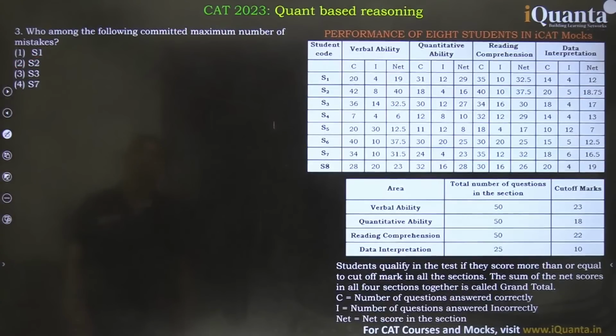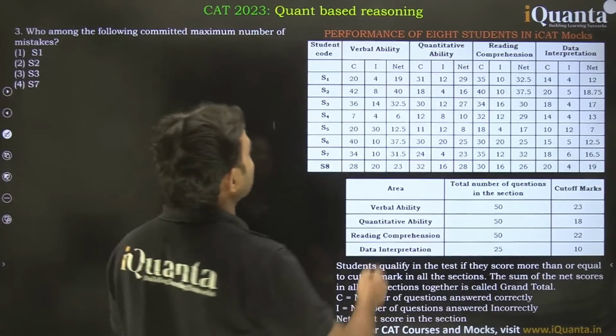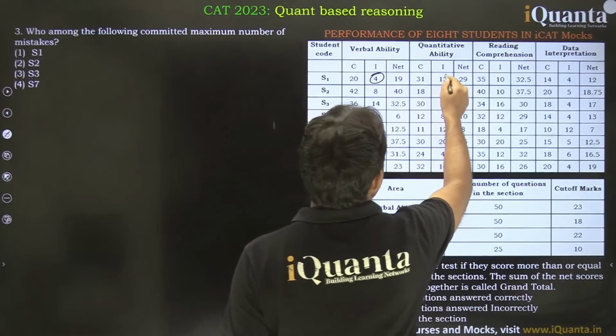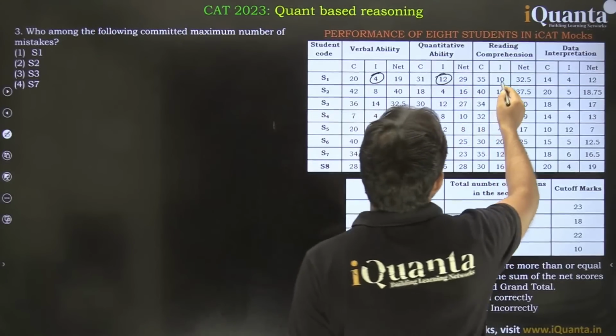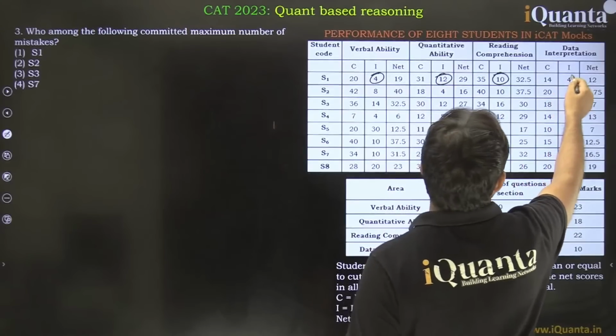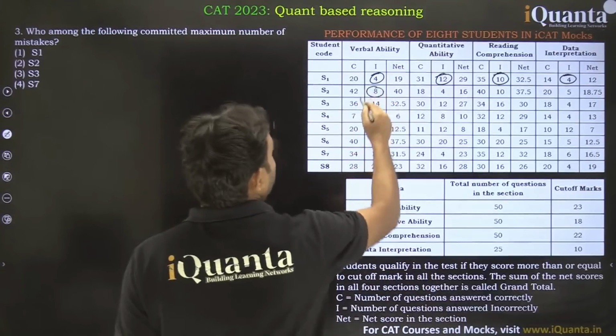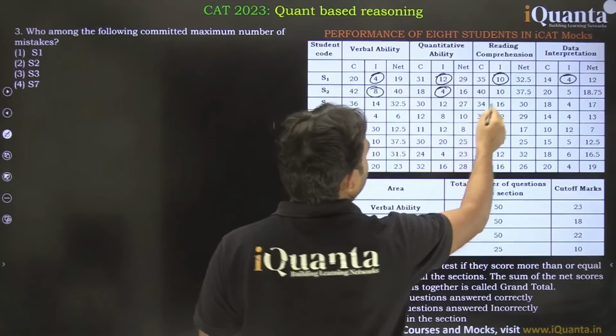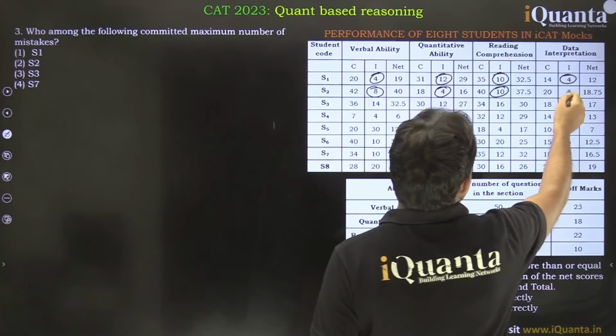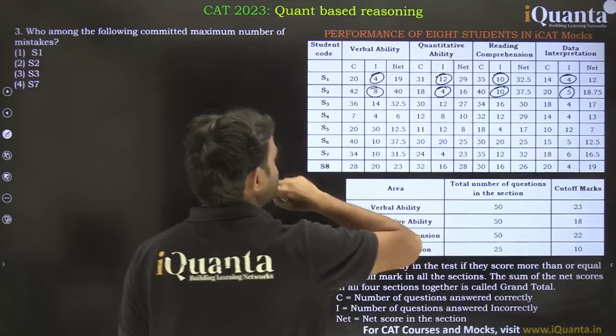Next, who among the following committed the maximum number of mistakes? So S1, maximum number of mistakes, 4, 12, 16, plus 10, 26, plus 4, 30. For S2, 8, 12, plus 10, 22, plus 5, 27.